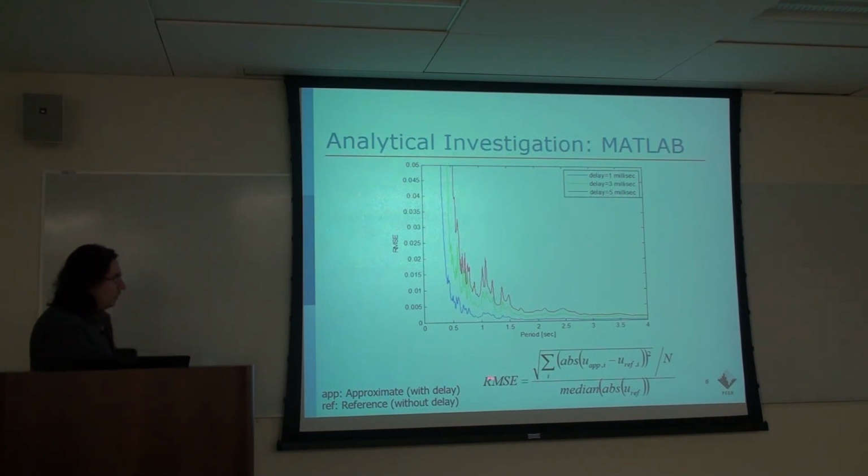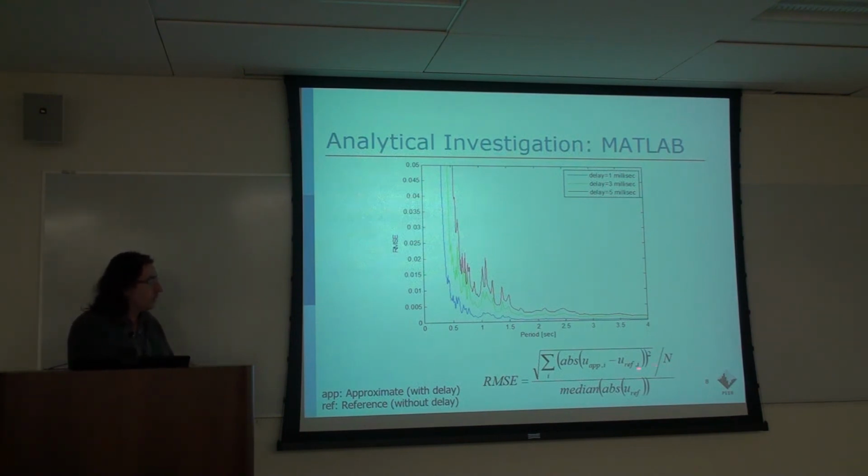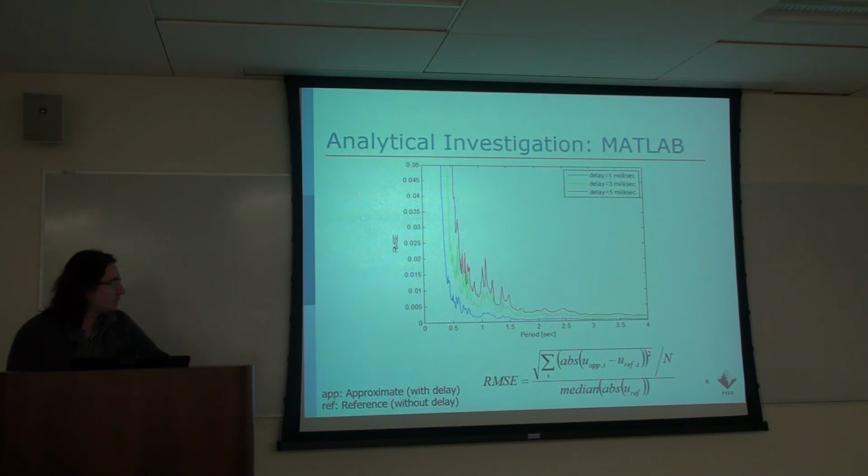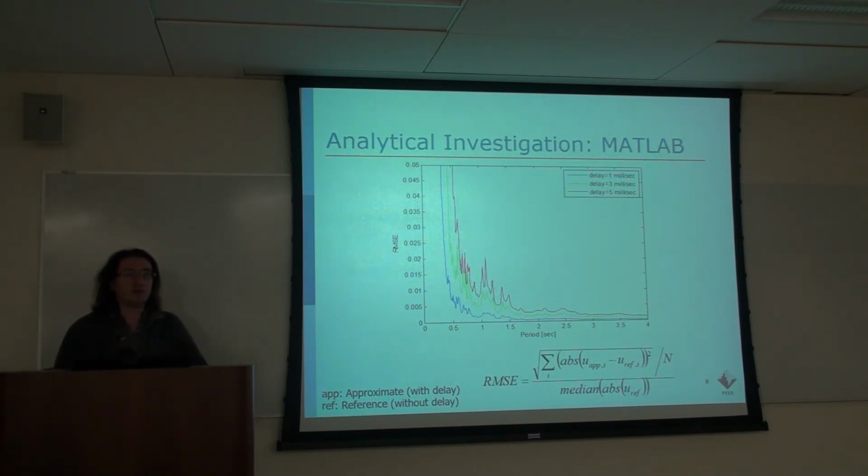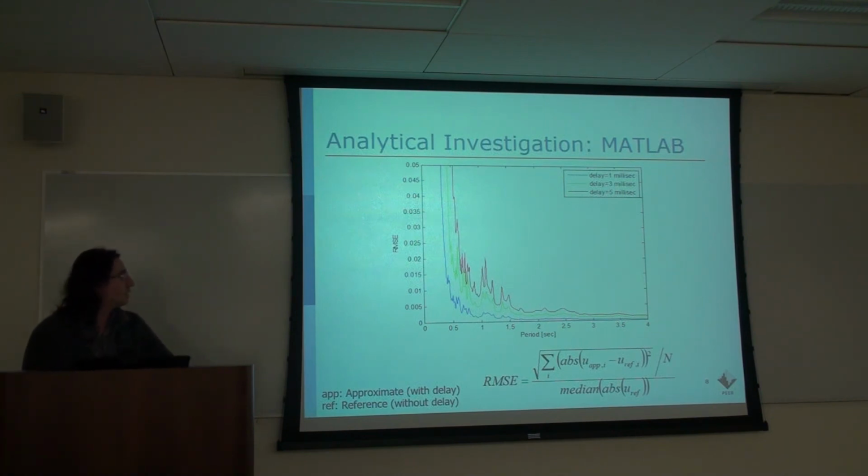I define my error with the root mean square error using this equation, where for each time step I subtract the reference solution, which is the solution with no time delay, from the solution with time delay. We get this for all time steps, square the differences, add them, and divide by the number of time steps. To normalize it, we divide by the median of the reference solution, and this becomes the root mean square error.